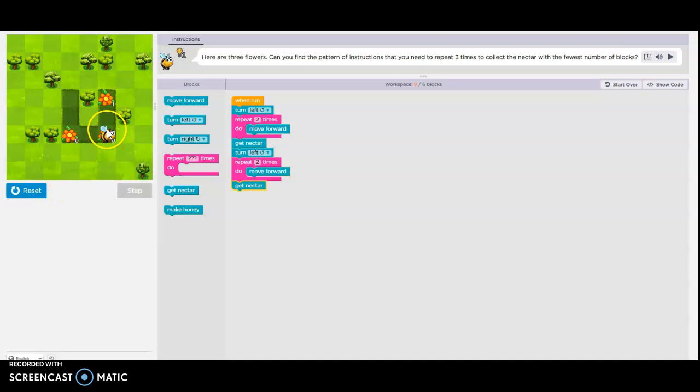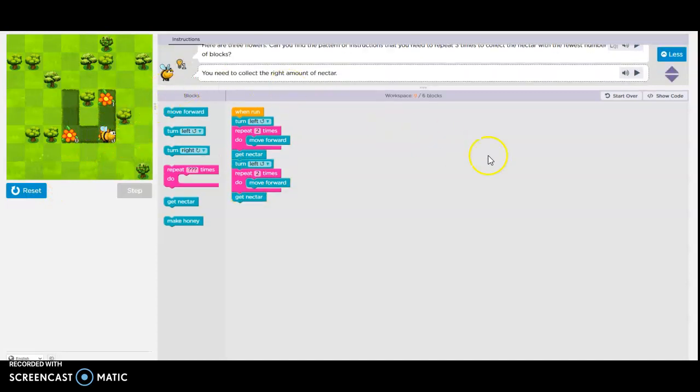And now we're here. Now I have to change the direction again, but it's not going to be the opposite. You just have to face towards the bee and predict which one it is. So it's actually left.